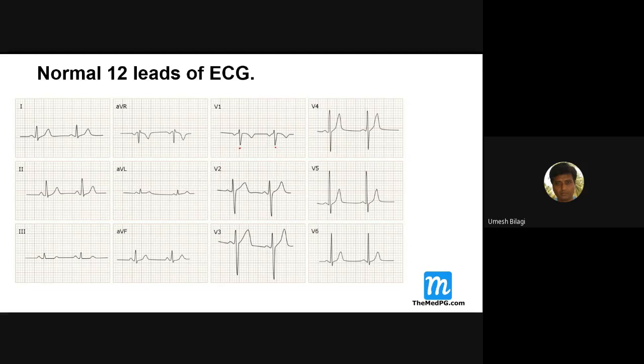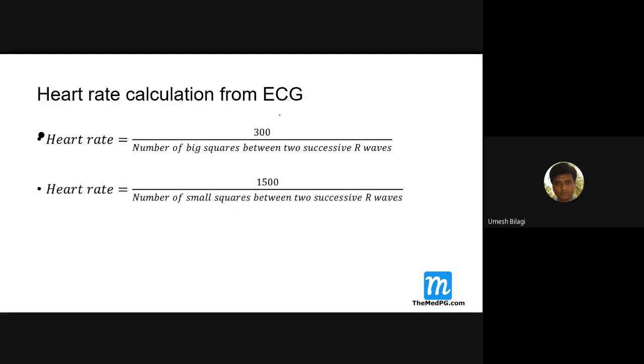Each big square has 4 small squares here: 4 plus 4 is 8, 8 plus 3 is 11, 11 plus 3 is 14. So 14 small squares are there. The formula is 1500 divided by 14, which is more accurate. It will come to 74, 76, something like that.